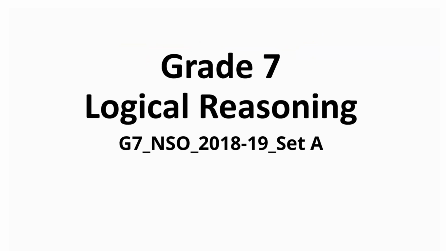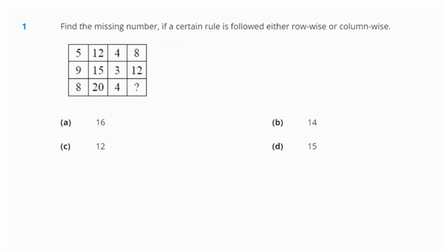So it is Grade 7 Science Logical Reasoning NSO 2018-19 Set A. First question. Find the missing number if a certain rule is followed row-wise or column-wise. Let's try to find out the rule that is being followed. See, if we multiply these both, we will get this thing.